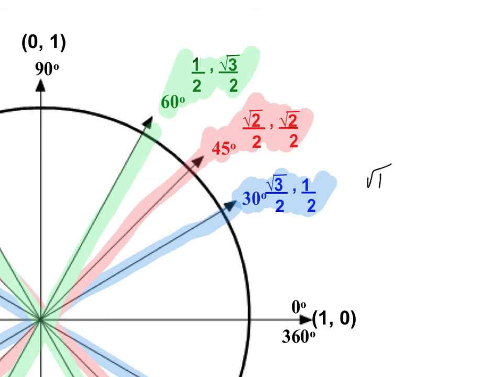So rad 1 is just 1, rad 2 is rad 2, rad 3 is rad 3, and over here, rad 4 would be 2. 2 over 2 is 1. So if you want little easy ways to remember it, the y values count up, 0, 1, 2, 3, 4. X values count down, coming this way.